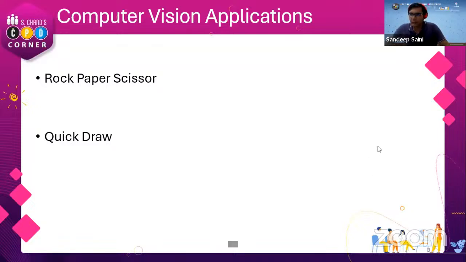Now let me go to a website and see how we can play rock paper scissors with the computer, and then let us realize which domain is more popular here or which is being used here. So let me reshare my screen.